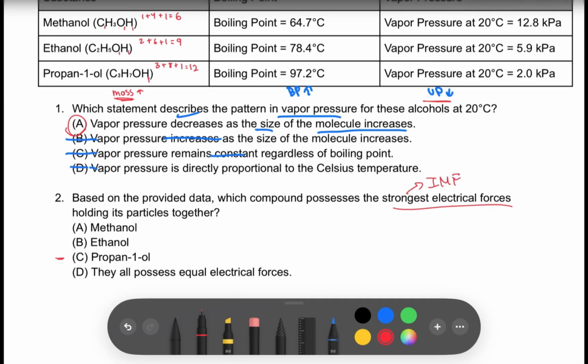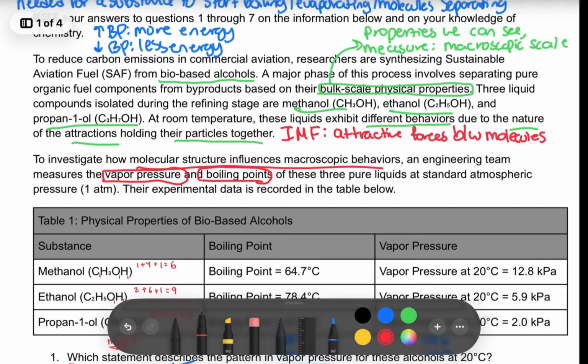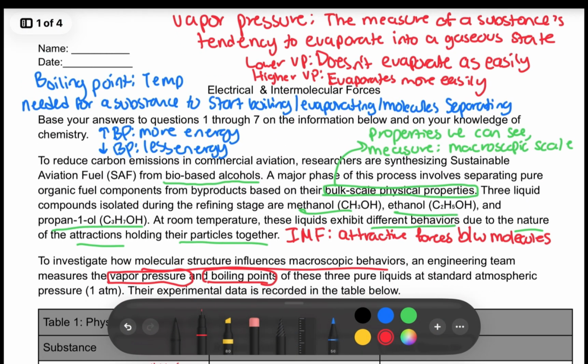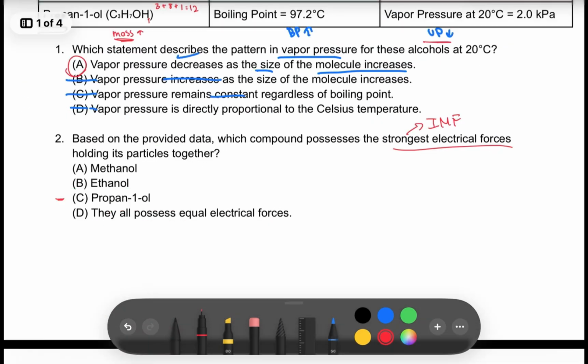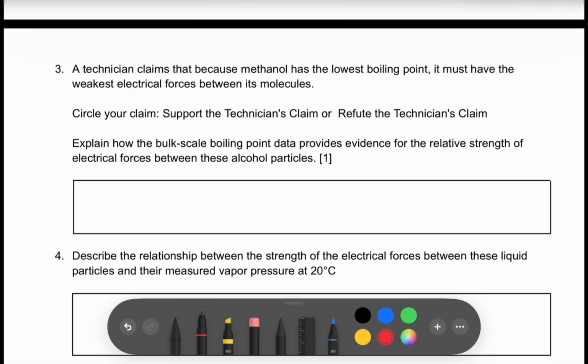And also, since the vapor pressure is the lowest, that means that it has a lower tendency for the molecules to evaporate. So, since it has the lowest tendency, that means that the forces holding the molecules together are stronger. Now to the next question.